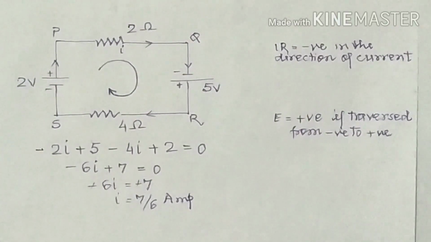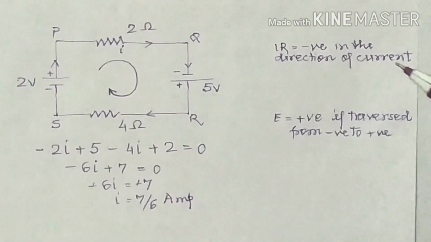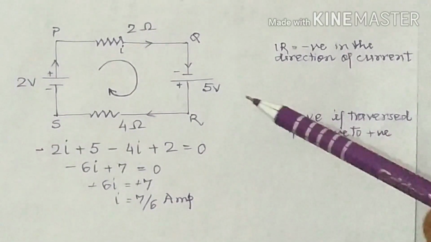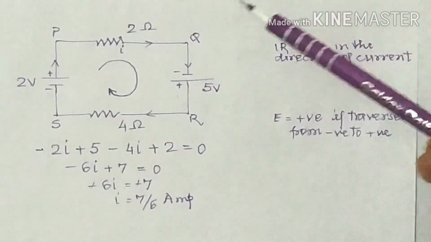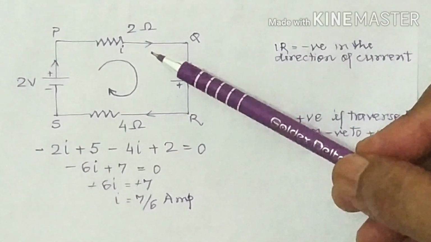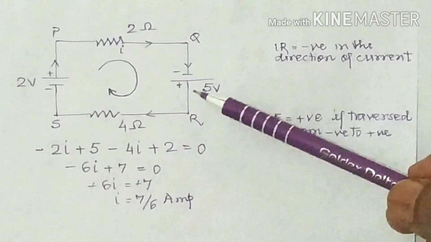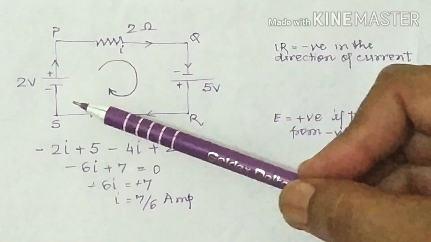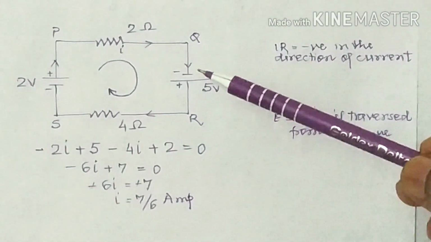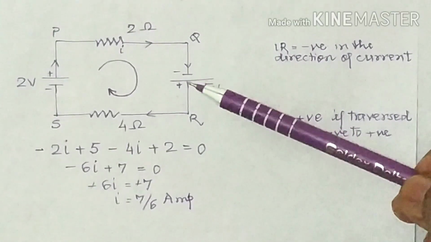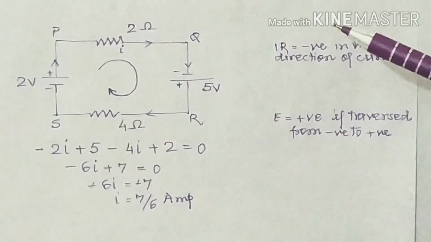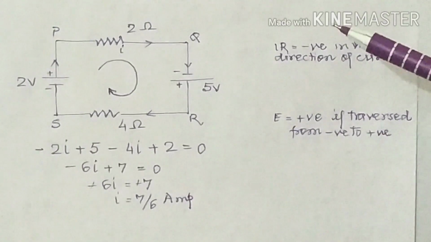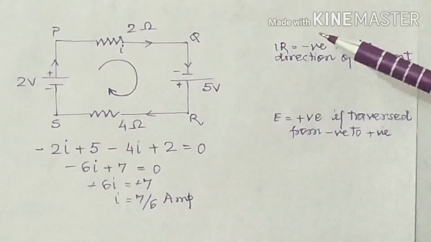Now we will study how Kirchhoff's rule is applicable for the numericals. Let us consider a loop PQRS. A 2 ohm resistance is connected here, a 4 ohm resistance, and 2 cells of 2 volt and 5 volt. Now students, remember 2 things. If the direction of current is given in the circuit, then you will not change the direction of the current.